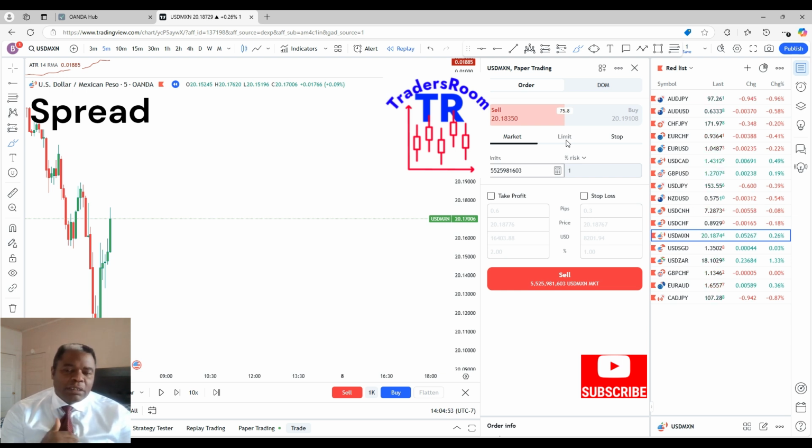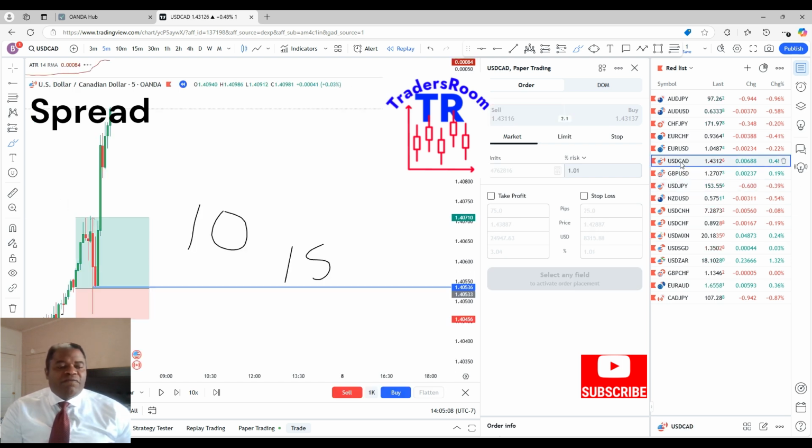Always pay attention to your spread and know the particular time that you need to get into a trade. So that can help you not to fall into this spread issue, taking you out of the trade, or even when you win a trade at times, you are unable to get your money.